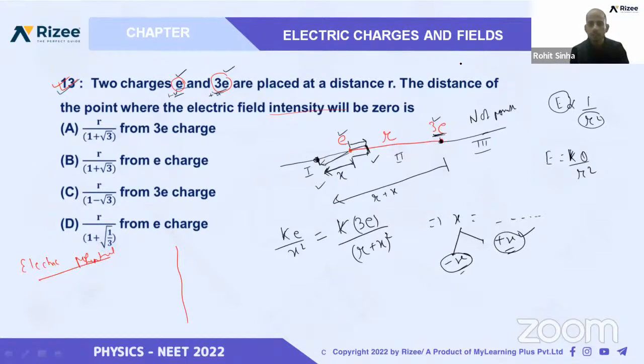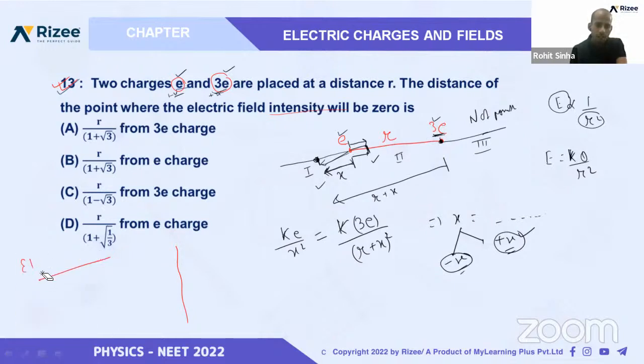Sir, how do you take distance from E? Not from E. Let me tell you, not from 3E. It is not having any condition. We can take distance from 3E also. Let me show you.